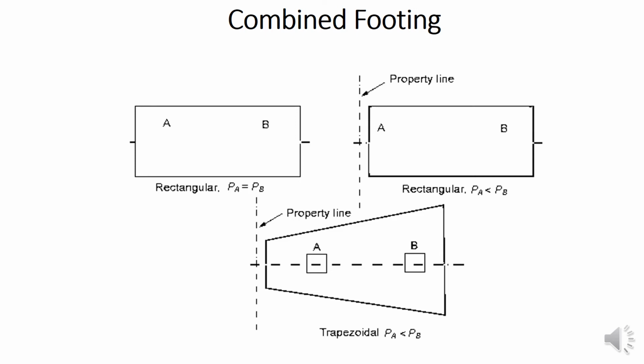By combining it with an interior column, the load is evenly distributed. A combined footing may be rectangular or trapezoidal in plan. The trapezoidal footing is provided when the load on one of the columns is larger than the other column.